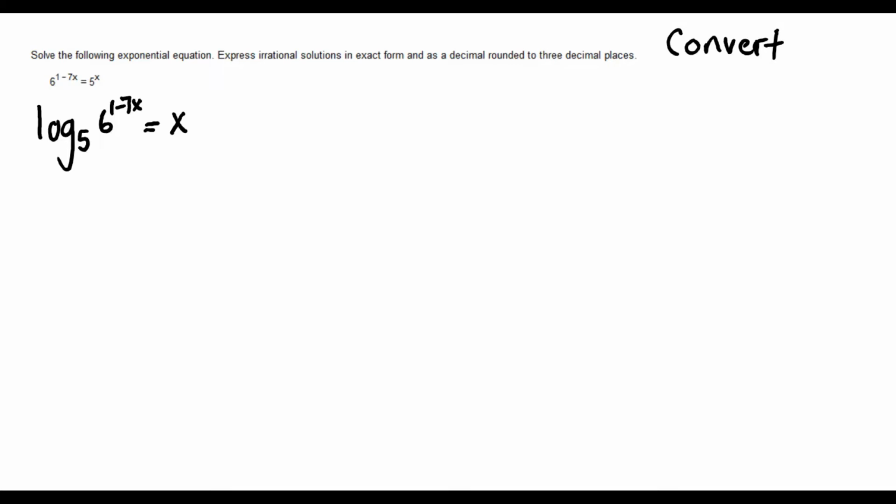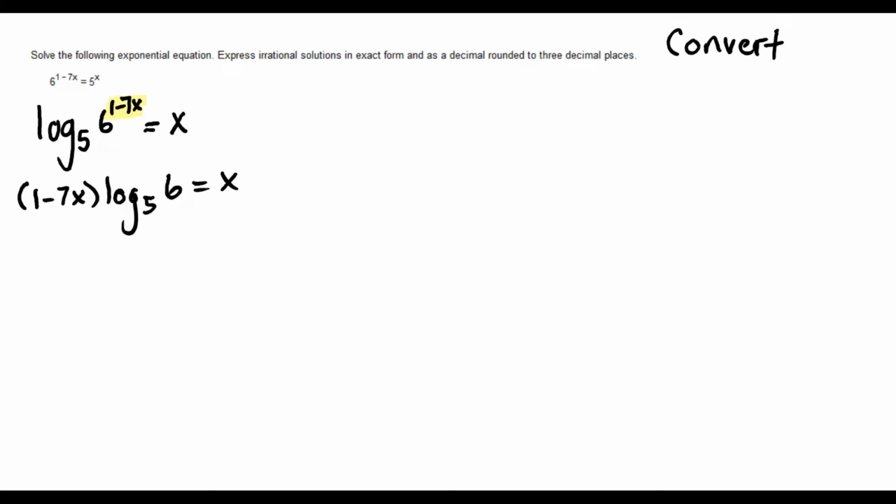Now from here, we have quite a bit of solving to do still. We're going to use the power rule to bring this power out of the exponent. We need to do that because that exponent has a variable in it. So that would be 1 minus 7x times log base 5 of 6 equals x.